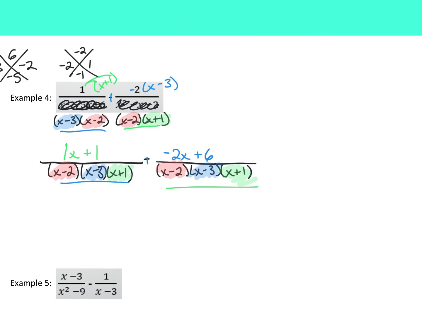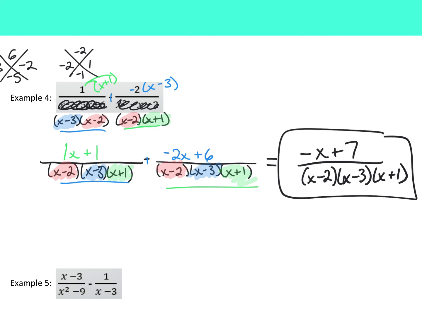So now we end up with, what is our final answer going to be? Negative x plus 7 over... perfect. That's it. All you gotta do.